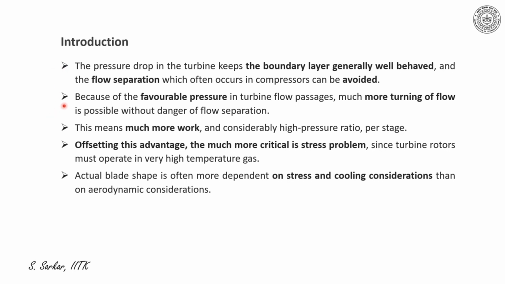Furthermore, due to favorable pressure gradients in a turbine flow passage, much more turning of flow is achievable without danger of flow separation. This means much more work and considerably high pressure ratio per stage is possible.